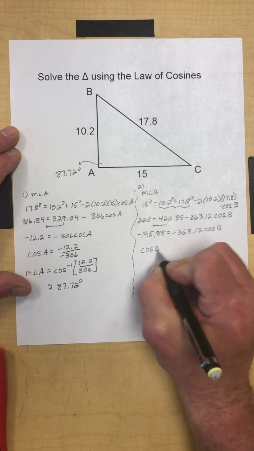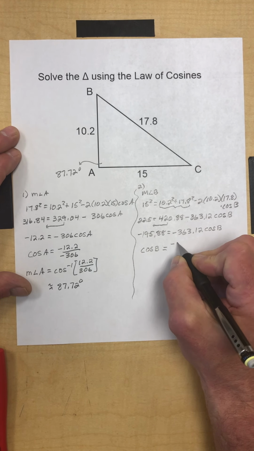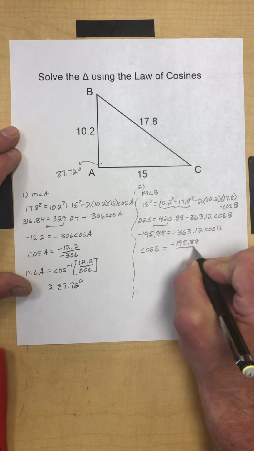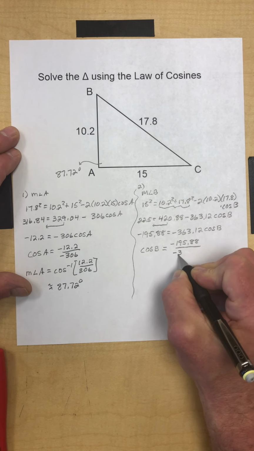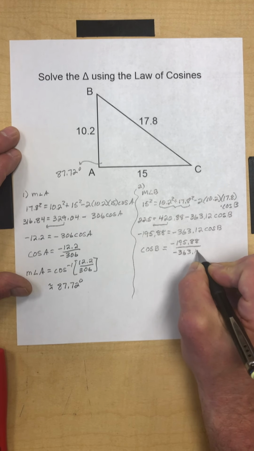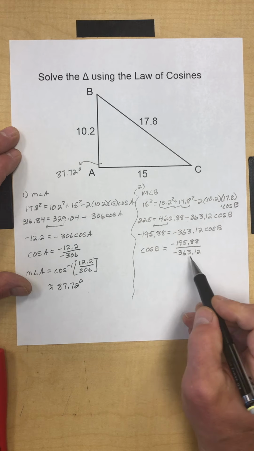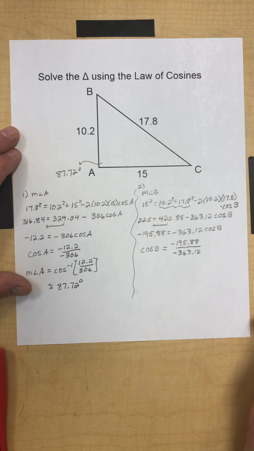So I get the cosine of angle B equals negative 195.88 divided by negative 363.12. Okay, so that means the measure of angle B would be cosine inverse of this guy.